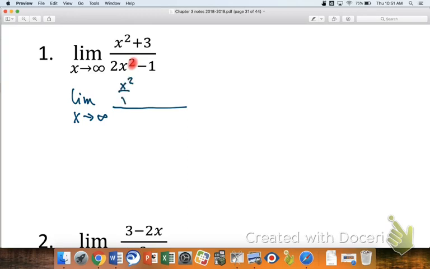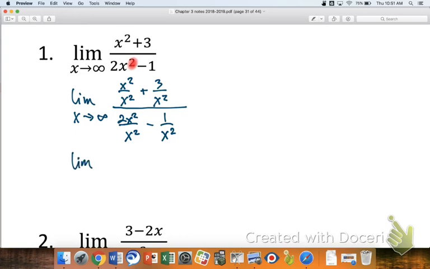So here we go. x squared over x squared plus 3 over x squared. Again, I'm just dividing everything through by x to the degree of the denominator. So down here it would be 2x squared over x squared minus 1 over x squared. Okay, so once I've done that, I'm going to simplify all the things that I can simplify.